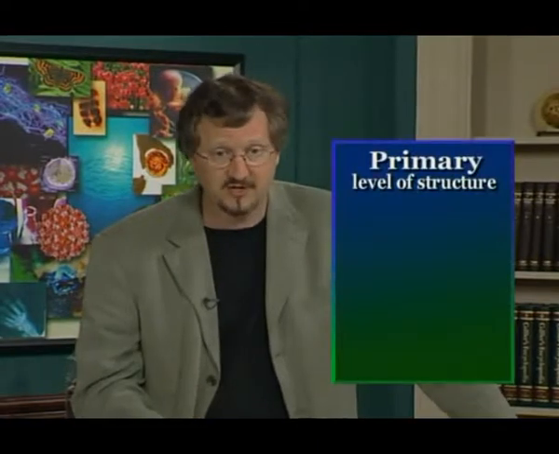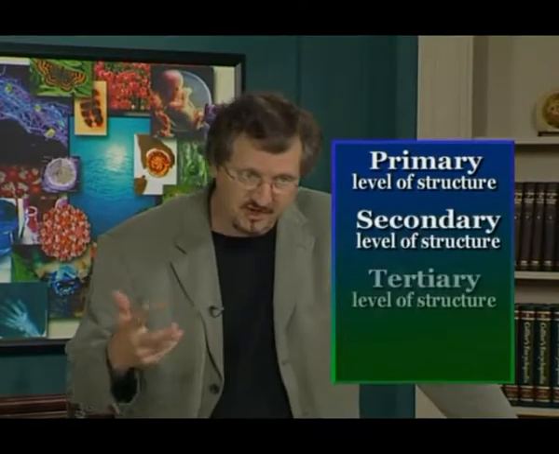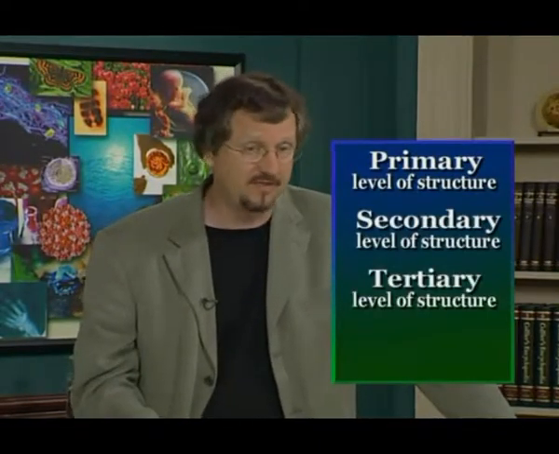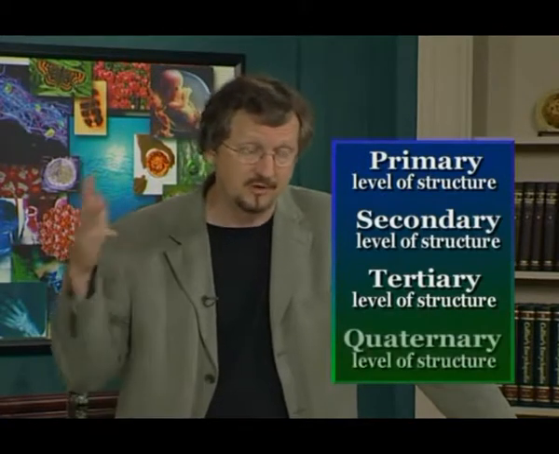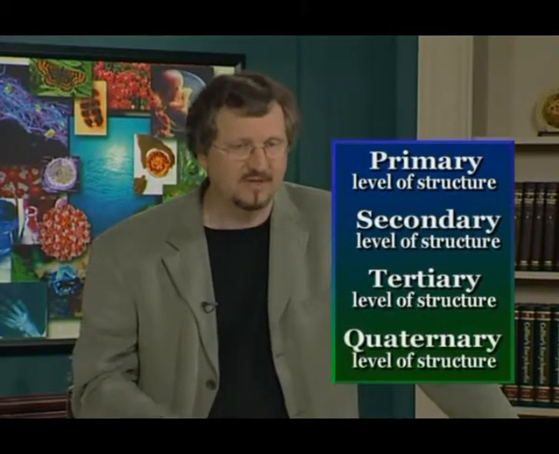And here, even on the level of molecules, there's a hierarchy of structure within a single molecule. These levels are named somewhat simply the primary level of structure, the secondary level of structure, the tertiary level of structure, and the fourth level, which we'll get to at the end, is the quaternary level of structure. So let's look at each of these in turn.